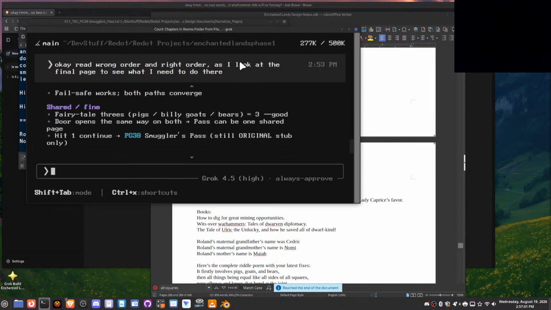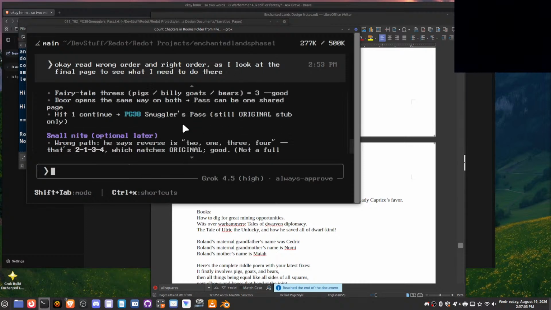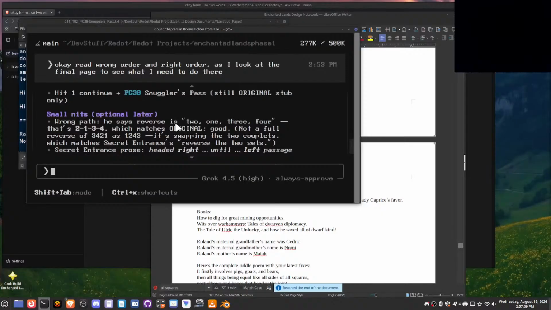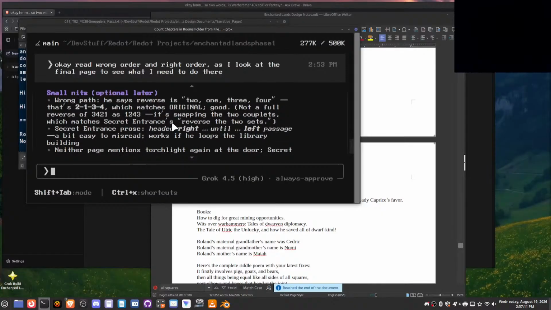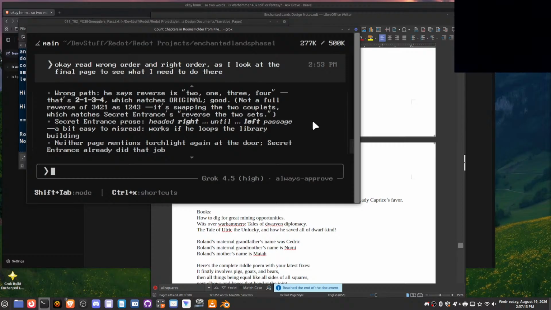Shared fairy tale threes. Door opens the same way on both. Past can be one shared page. Hit to continue. Matches the original. Good. Not a full reverse. It's swapping the two couplets. Yes, which matches Secret End. Just reverse the two sets.